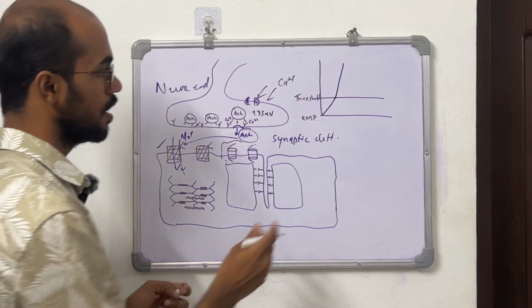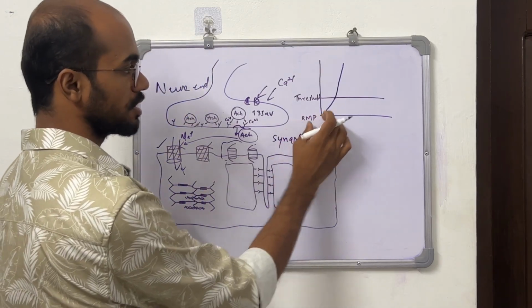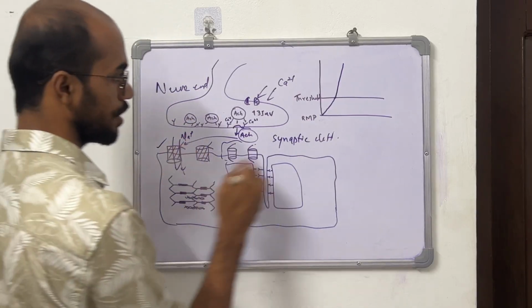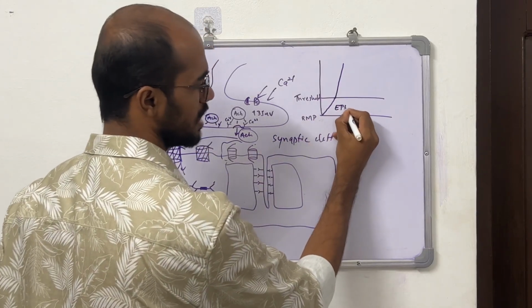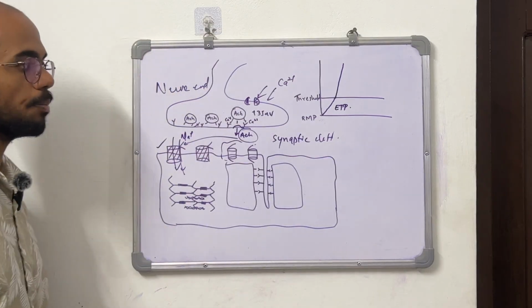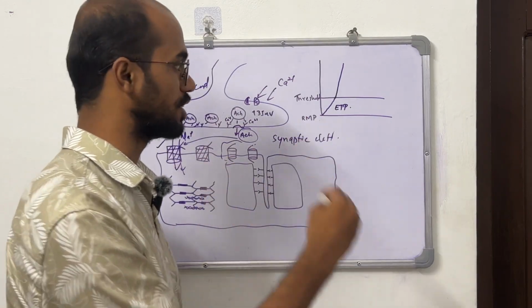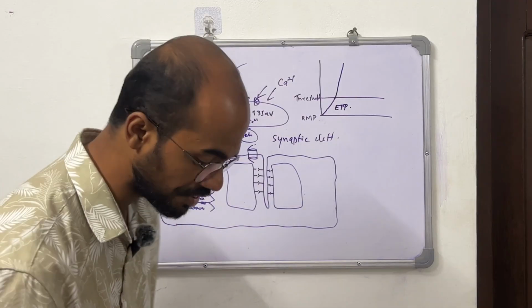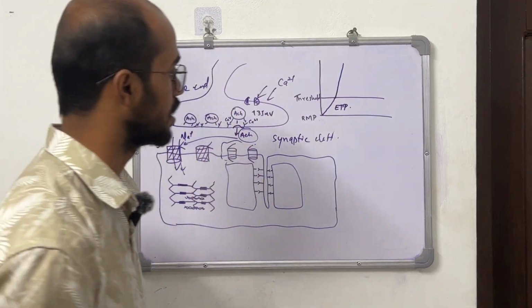Now, what was this? The resting membrane potential reaching the threshold potential in a muscle cell. This is what we call the end plate potential, or the potential that becomes more and more positive so that the membrane achieves its threshold potential. That is referred to as the end plate potential.